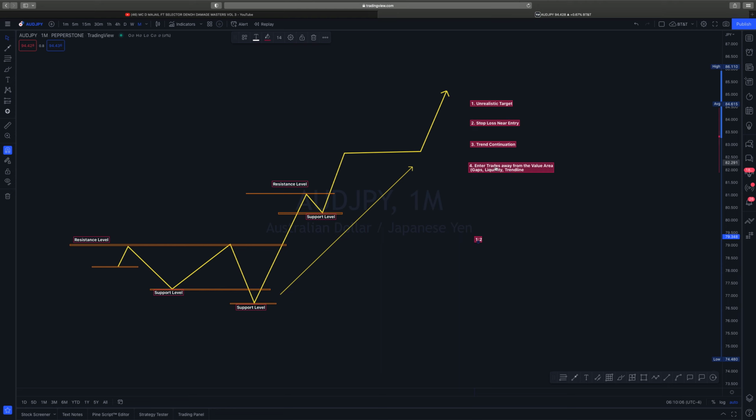But then you find that some people will enter a trade, let's say for example, like this one, you'll enter a trade from here, expecting that this market trend will come back all the way up to here. You see, this is what we call an unrealistic target, because of what this market has done.